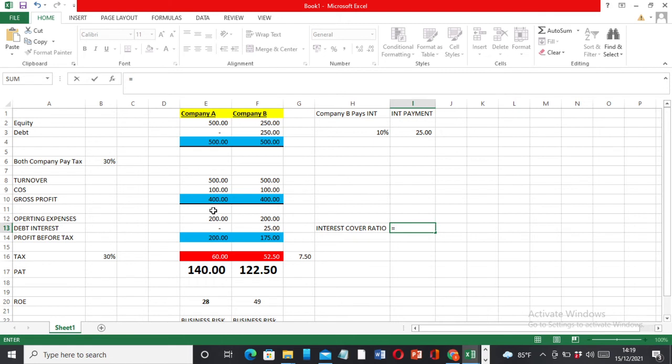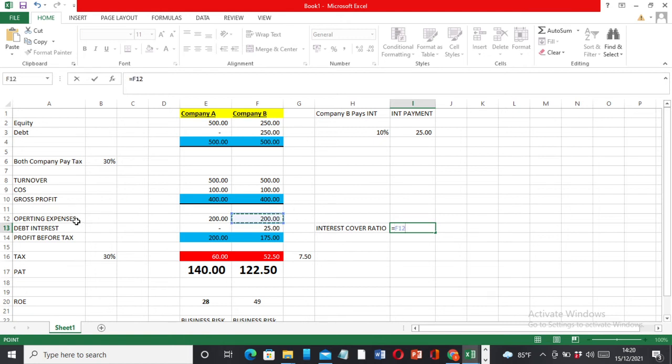Profit before interest and tax. Let me find it. Profit before tax is 200, right? So 200 million. Where is it?